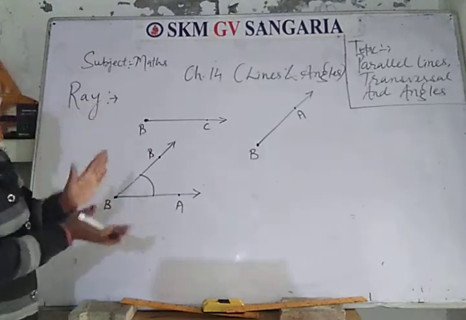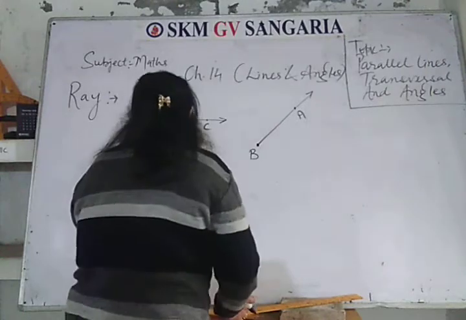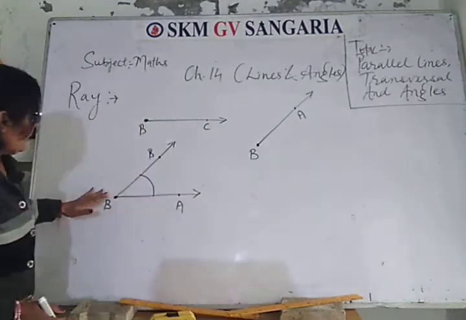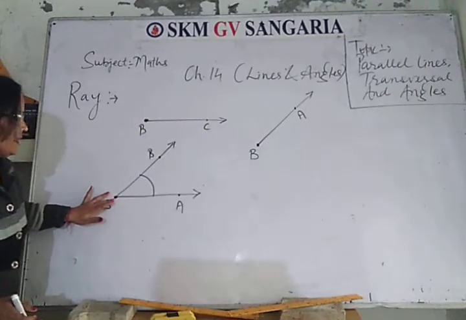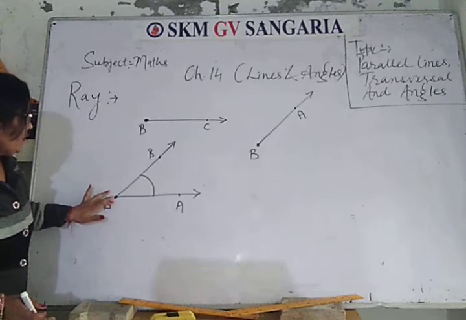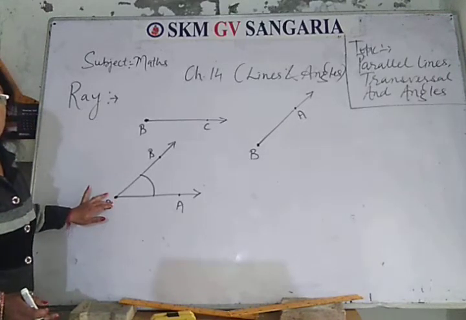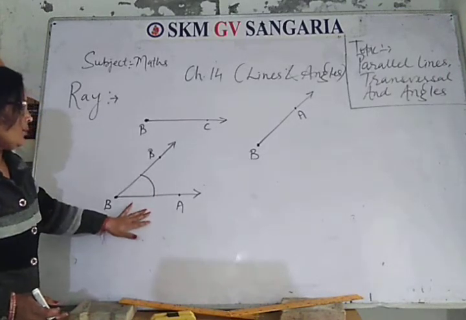When two rays meet each other at a point, then an angle is formed.